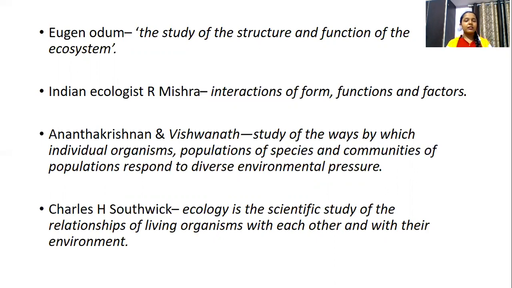Krishnan and Vishwanath, again Indian ecologists, define it as the study of the ways by which individual organisms, populations of species, and communities of populations respond to diverse environmental pressure. And Charles H. Southwick defines ecology as a scientific study of the relationship of living organisms with each other and with their environment.